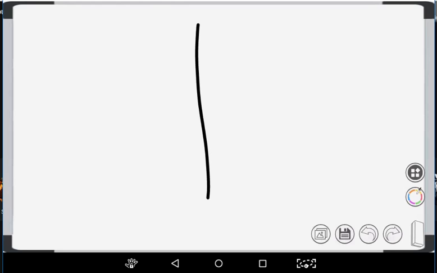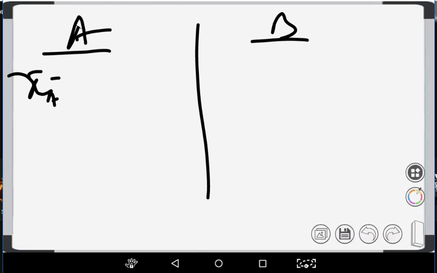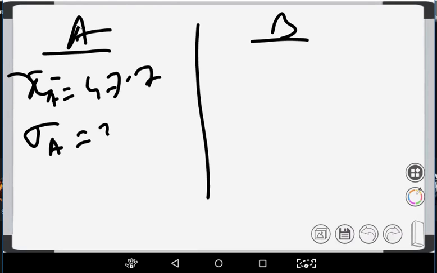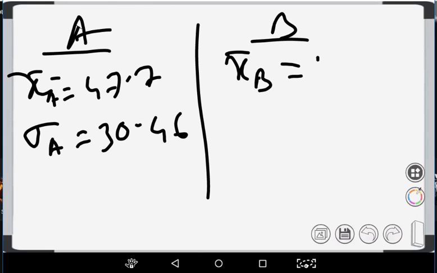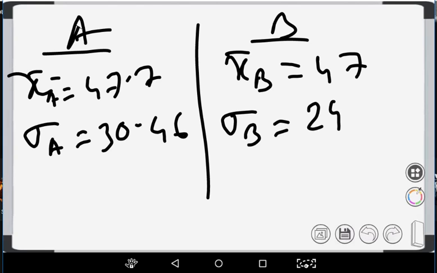X A bar is 47.7, sigma A is 30.46, and for B, X B bar is 47, and sigma B is 24.57.